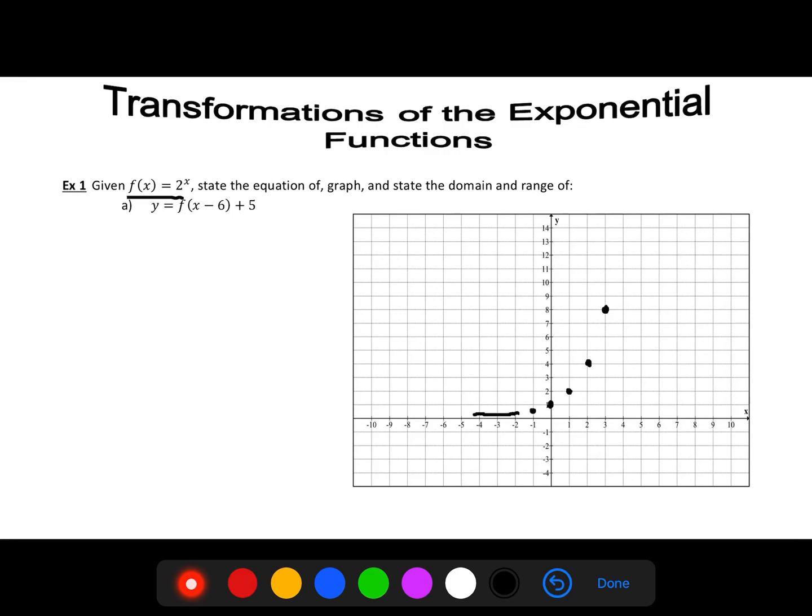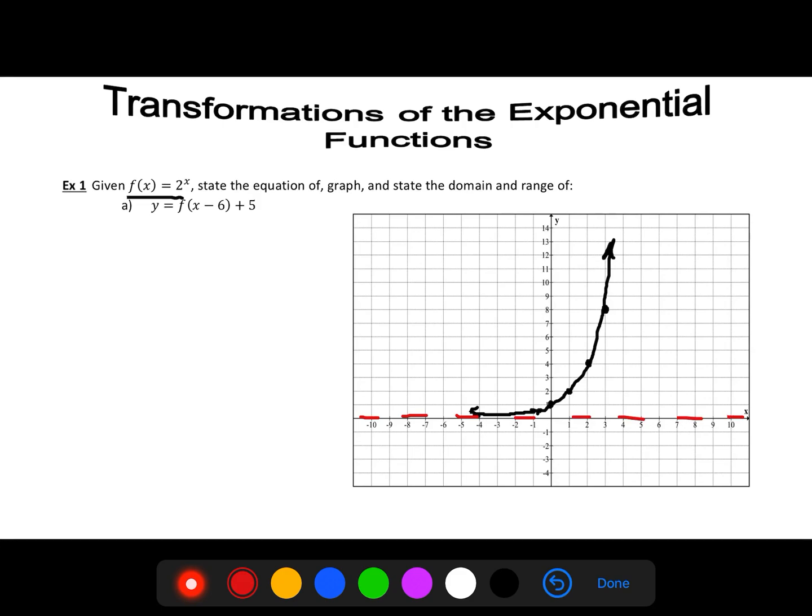Now on the negative side, the function is going to get closer and closer to a y value of 0, but it's never going to cross it, which means our asymptote of y = 0 is placed here.